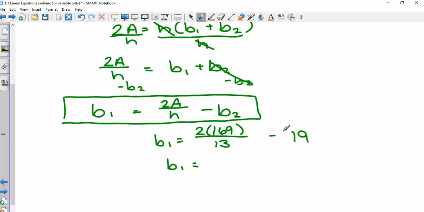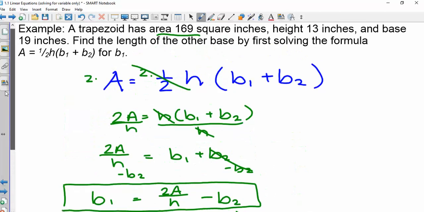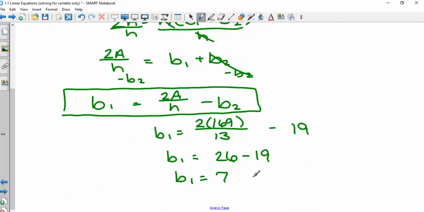All right, let's see. So 169 divided by 13 would be, you could do either way. You could take it times 2 first and then divide. So we get 26 minus 19, so 7 for my units, inches.